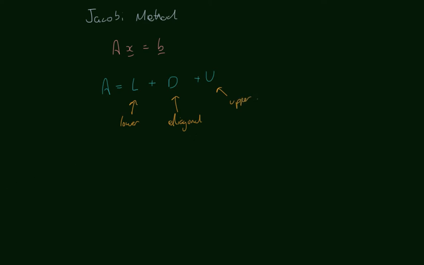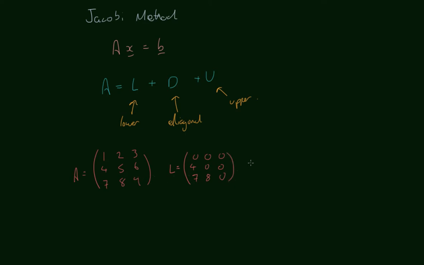If we think of an example, let's just look at a 3x3 example. Let's say that was our A. In this case, the lower triangular elements of L would be 4, 7, and 8, because those are the lower triangular elements of A, and all other elements would be 0.